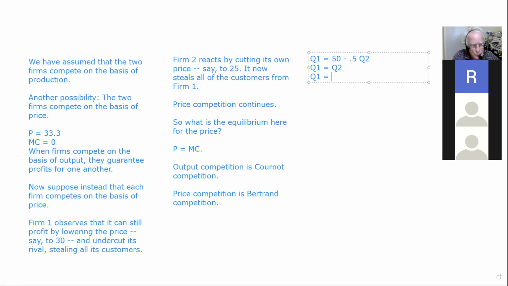So let's make that substitution, Q1 for Q2, and then solve for Q1, by adding this term to both sides.